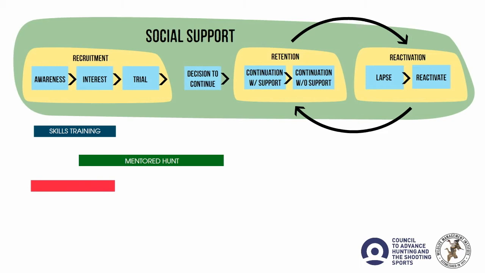If we look at the camp from the perspective of an angler R3 program, then the program would indeed push people through trial and perhaps could provide enough opportunities to allow them to make that decision to continue, which will translate into their going fishing after they leave the camp.